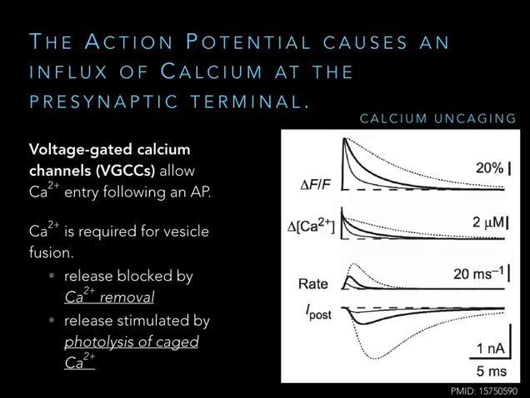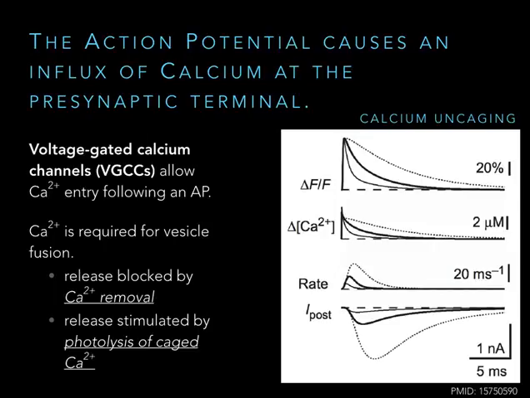Let's look at the second trace. Again, the thin line shows a very brief increase in calcium. The thick line, a little more prolonged increase in calcium, and the dotted line, which had the brightest light, has the most calcium. Now let's go to the bottom. Here's where we're looking at our EPSC, that excitatory postsynaptic current.